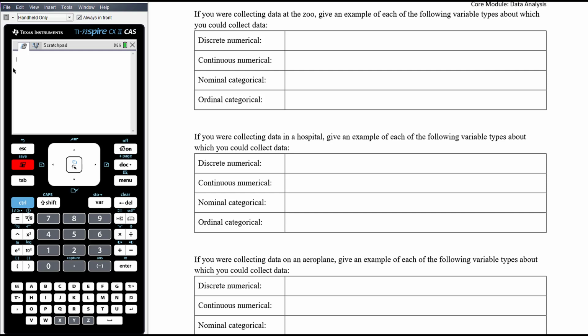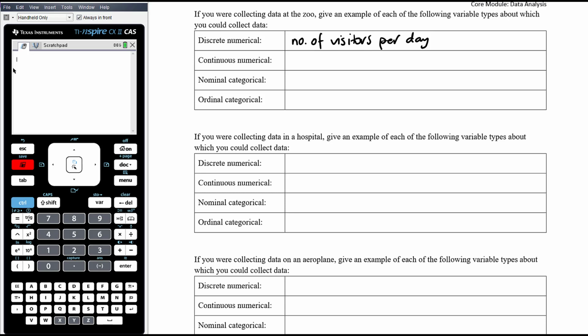So if we were looking at maybe a discrete numerical variable at the zoo, discrete numerical being countable quantities, it might be the number of visitors per day to the zoo. I have done this example before, and students say things like the number of elephants in the enclosure.